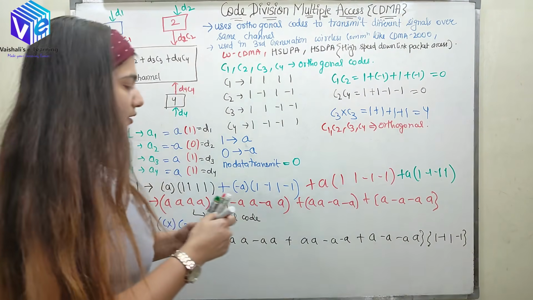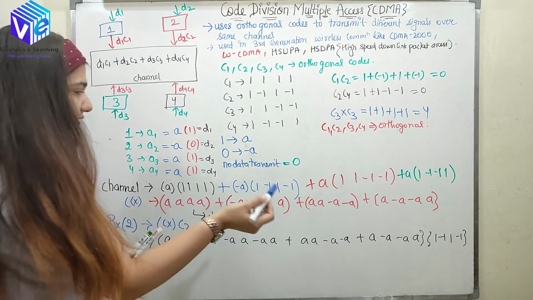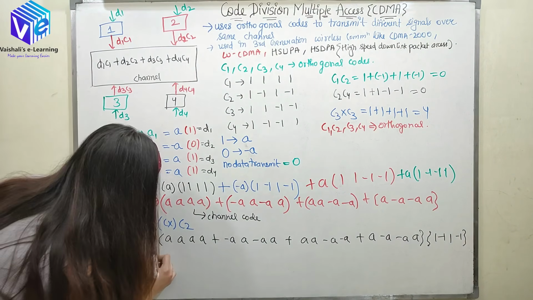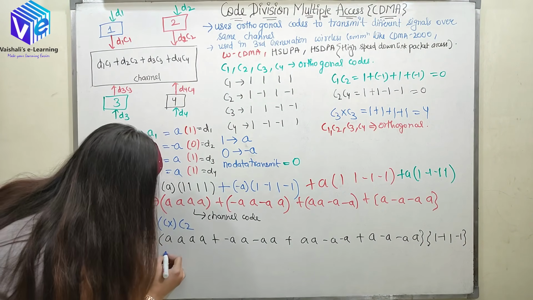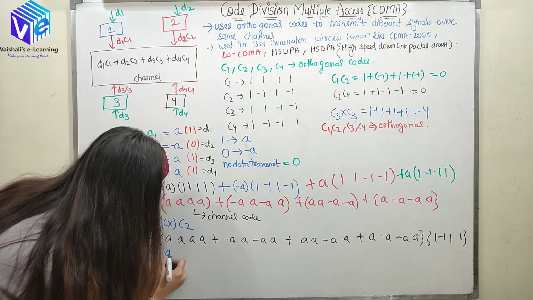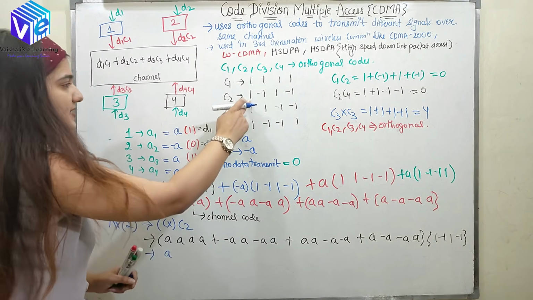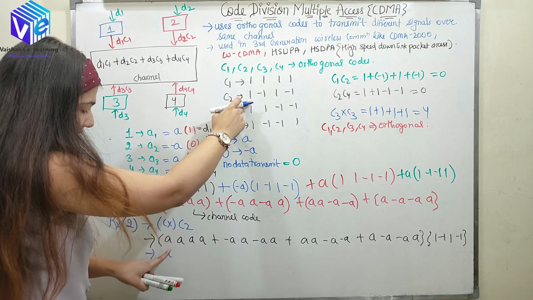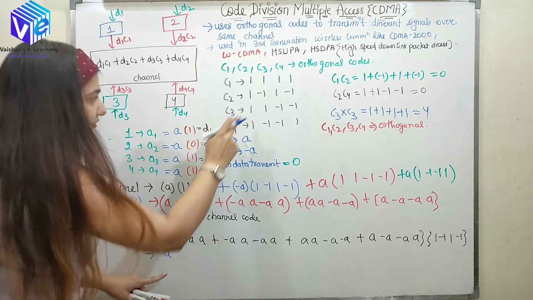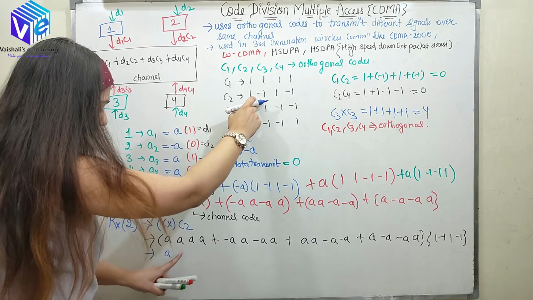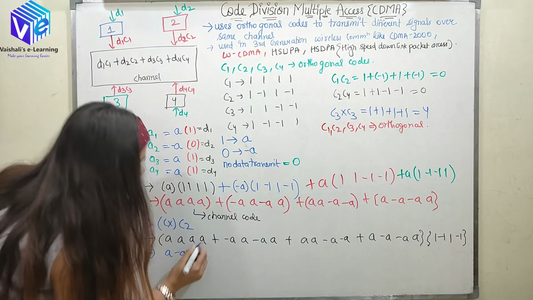When all of the data is multiplied with 1, minus 1, 1, minus 1, you can see A multiplied by 1 would be A. The first digit is multiplied with the first code, which gives A. After that, the second code, minus 1, multiplied with A, I'll get minus A.